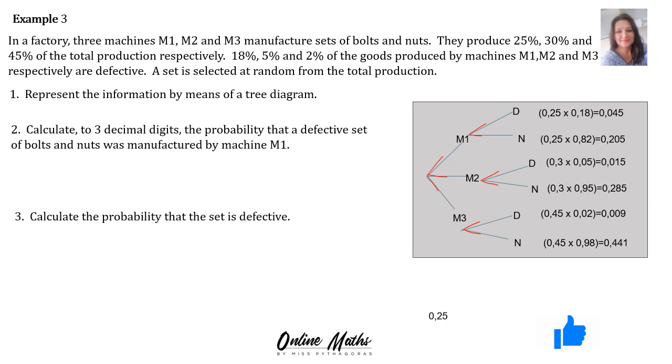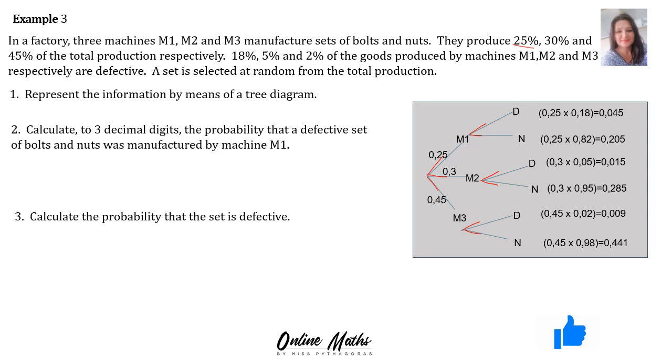So the first one is machine 1 produces 25% and 25% is the same as 0,25. Machine 2, 30%, 0,3 and machine 3, 45%, which is 0,45. I said 45 divided by 100 is 0,45.